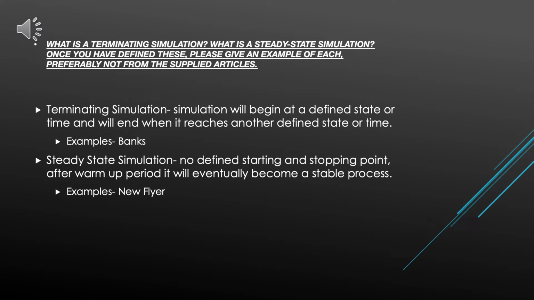Basically, it's an overall system that will start empty and end in that same empty state once it's run its course for that day or week, and it will never be in a steady state like the steady state simulation will be.